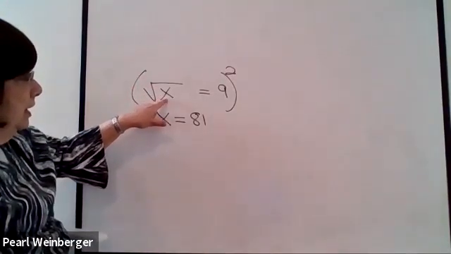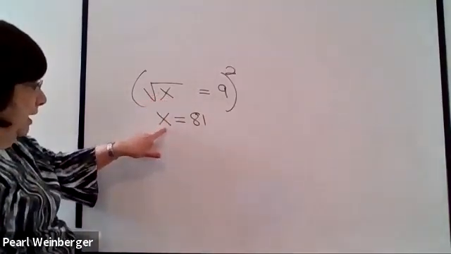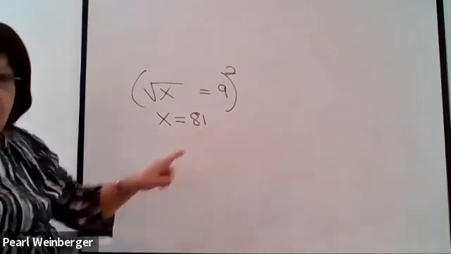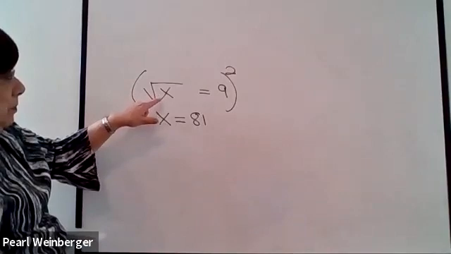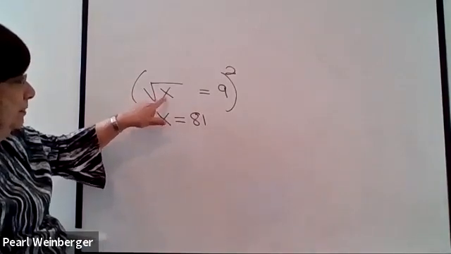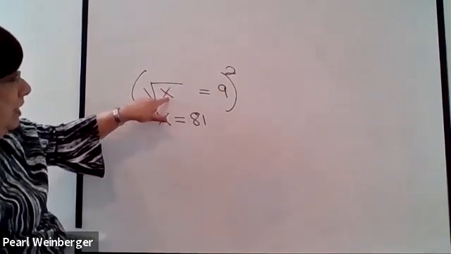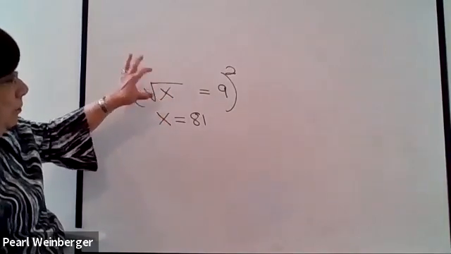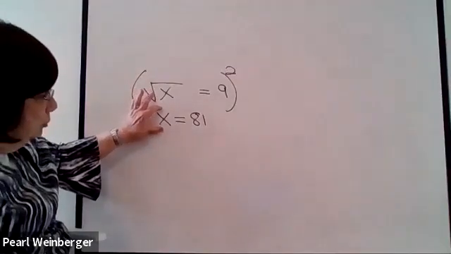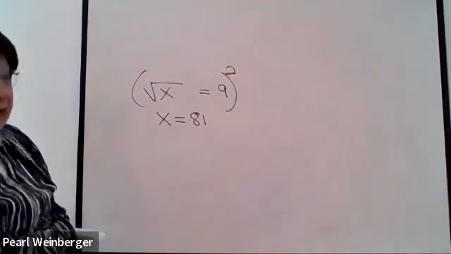When I square x, the square root of x times the square root of x just gives me x, and 9 times 9 gives me 81. Notice the side that looks more complicated actually becomes easier when I square it, because whenever I multiply something inside a radical by itself, it just gives me what's inside the radical without it.